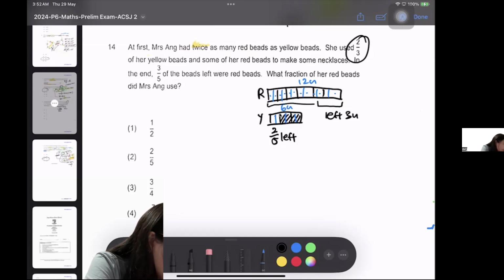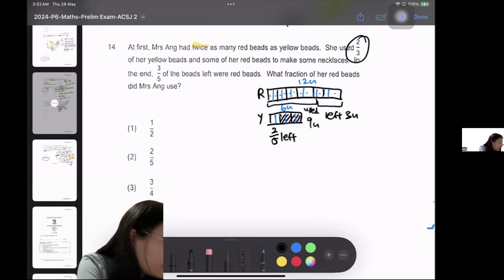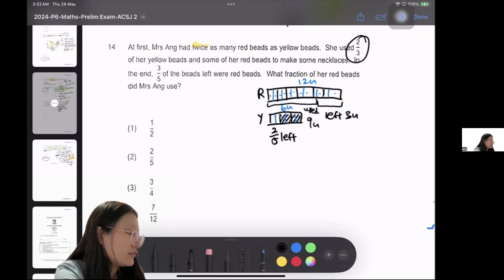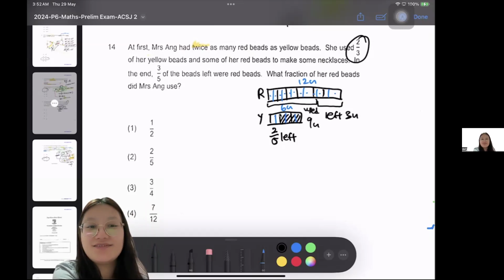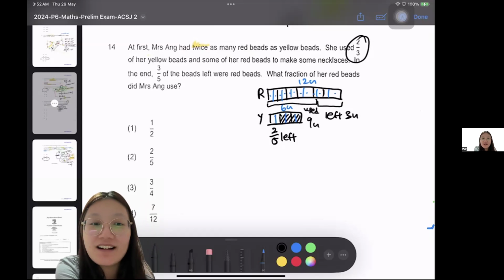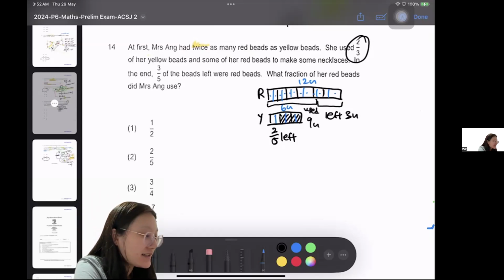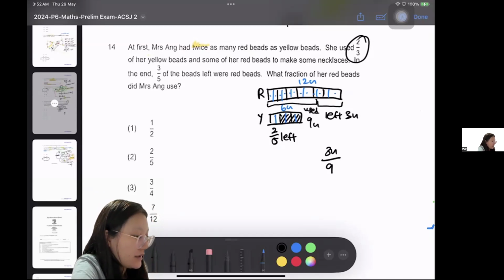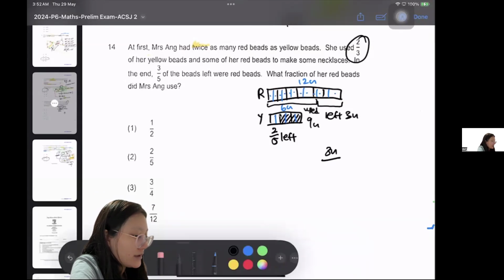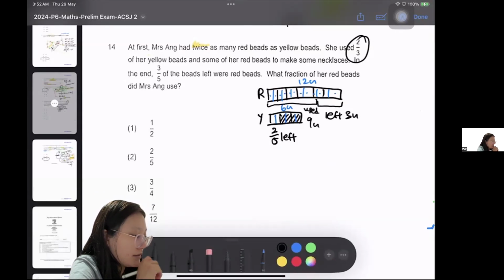Then use this 9 units. So I think it's 3 units over 9. No, this doesn't make any sense. What fraction are repeated? Is this unused?